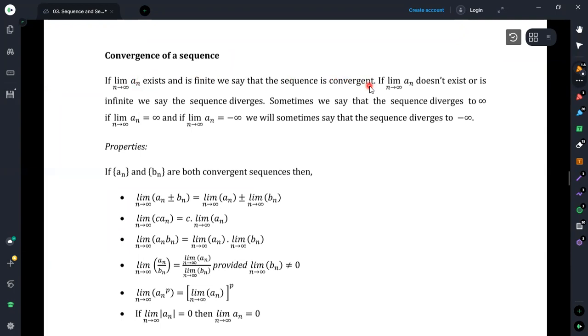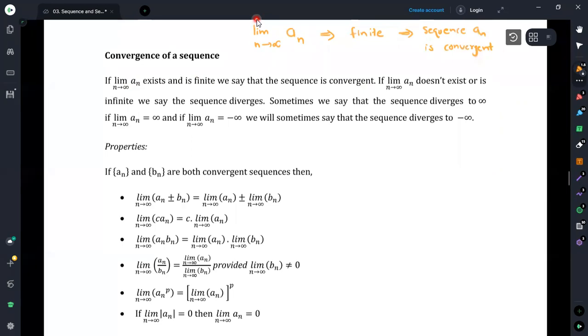It is simply like that. Suppose you have the sequence an, and you have a finite value for the limit as n goes to infinity. Then we can say that the sequence an is convergent.